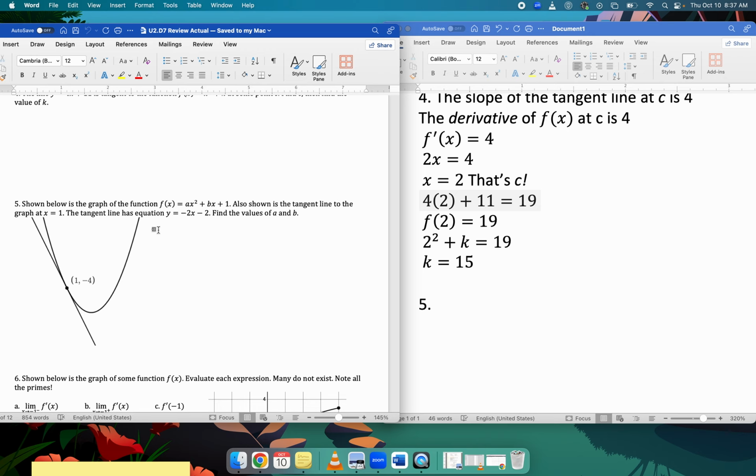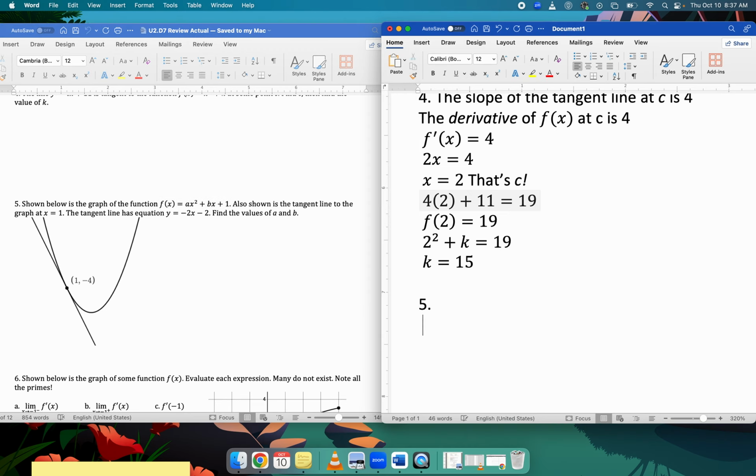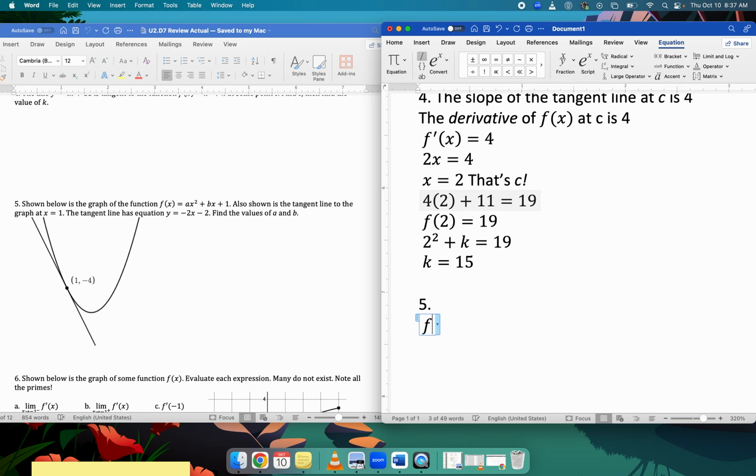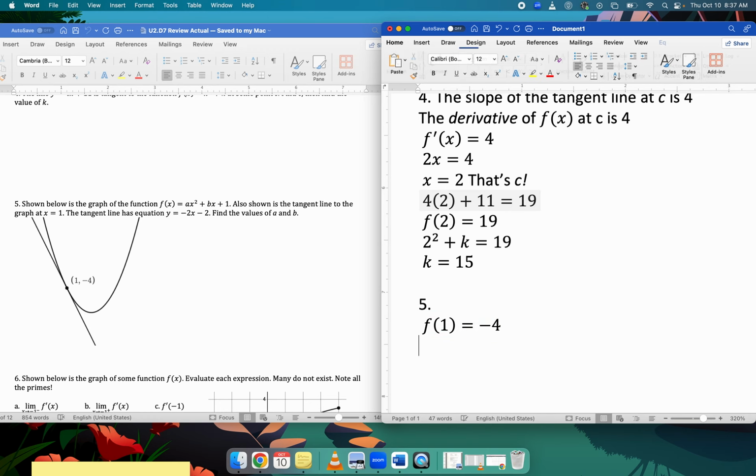Actually, maybe that's not super important just yet. What I can say is, look, this point right here is on the graph of the quadratic function. That means that if I plug 1 in for x in this quadratic function, I should get -4. So let's do that. That's telling me f of 1 is -4.